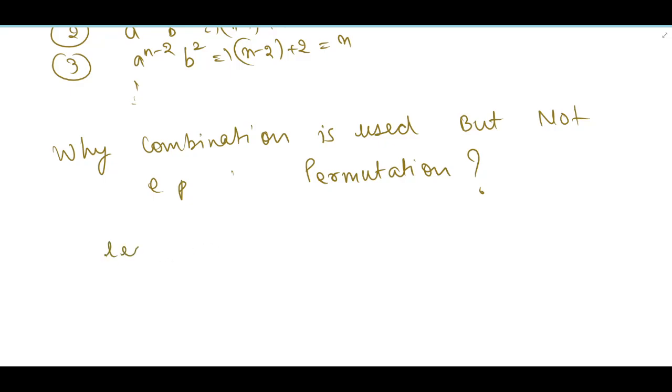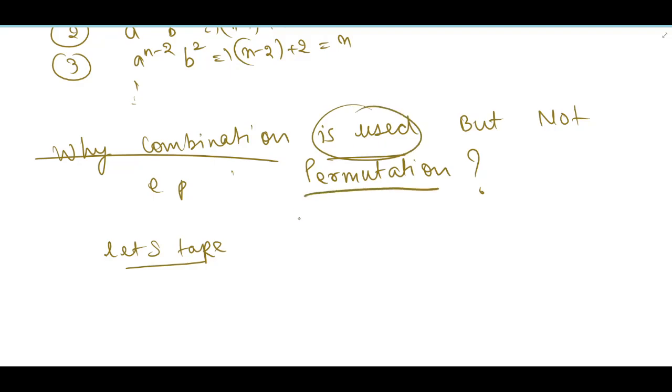So let's take (a plus b) to the power 3 and expand it by permutation.